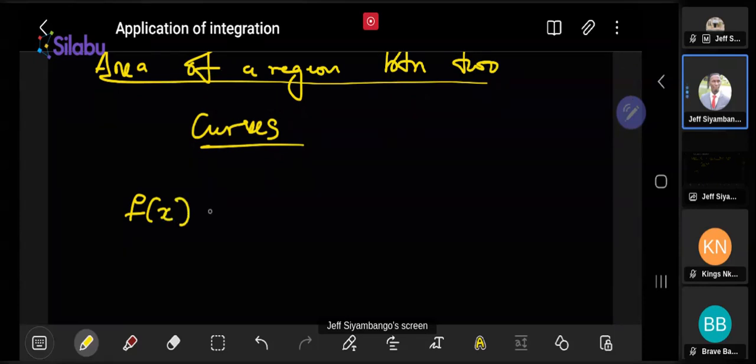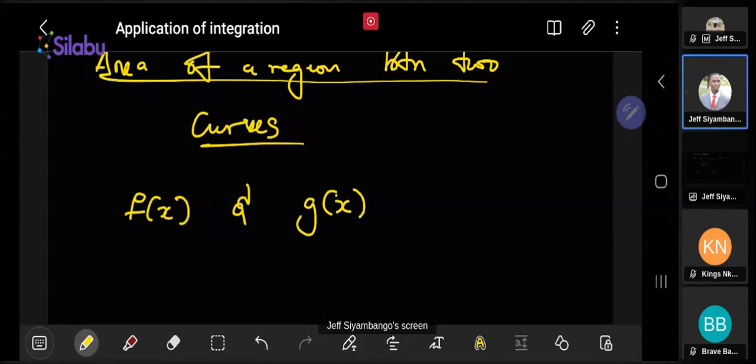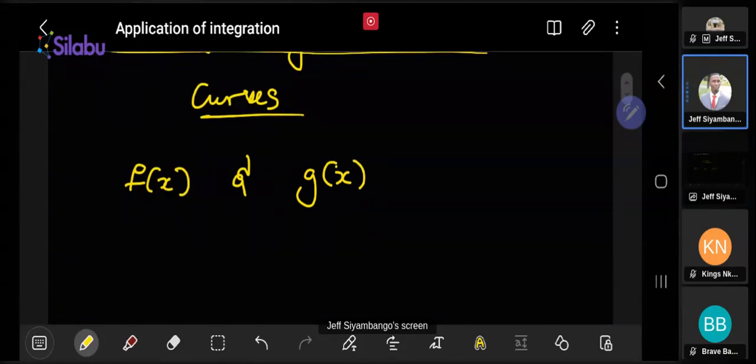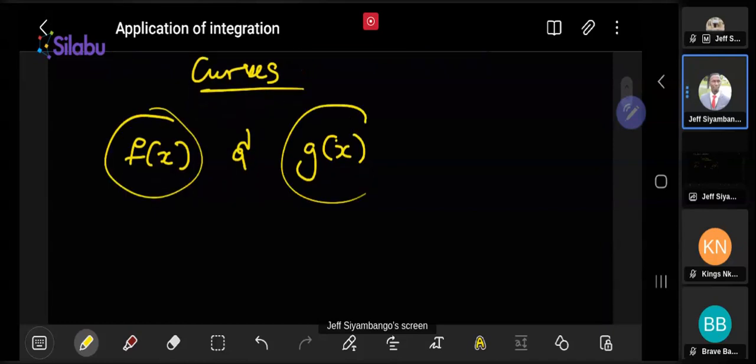One function we'll take as f of x, and the other function is g of x. We are trying to evaluate the area that is bounded by the two curves, in terms of a range, let's say the range changes from A to B. So we'll say this is a closed interval.